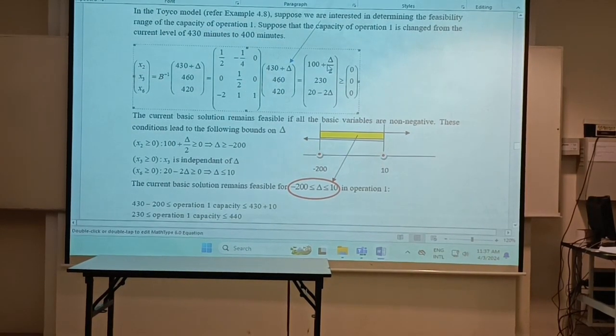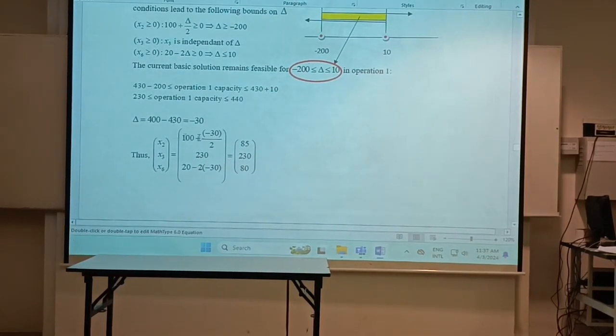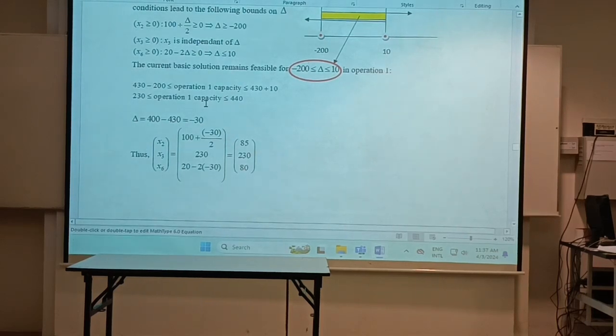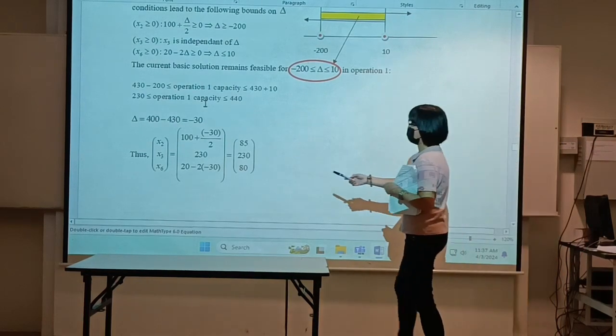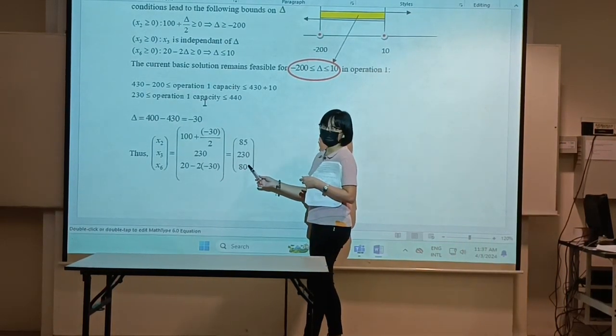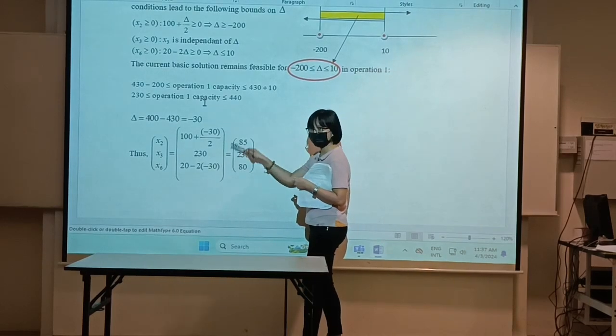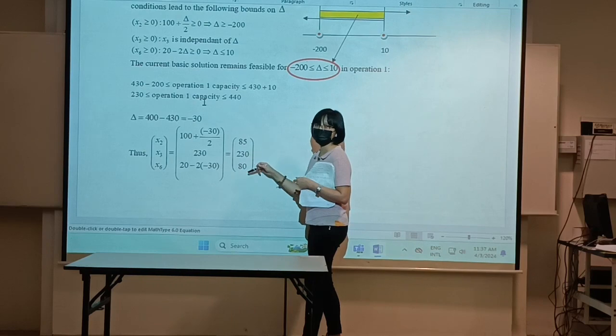So 100 plus changes over 2, you're going to substitute in. The changes value here is negative 30. Then after some simple calculation, your x2 right now is 85. Your x3 is 230 and then your x6 value is 80. Okay, so this answer will ensure that the current solution will still remain feasible.